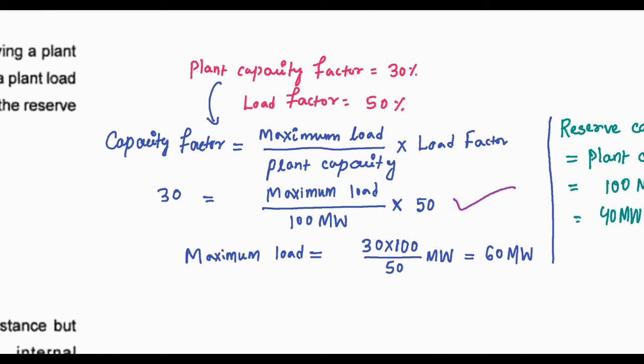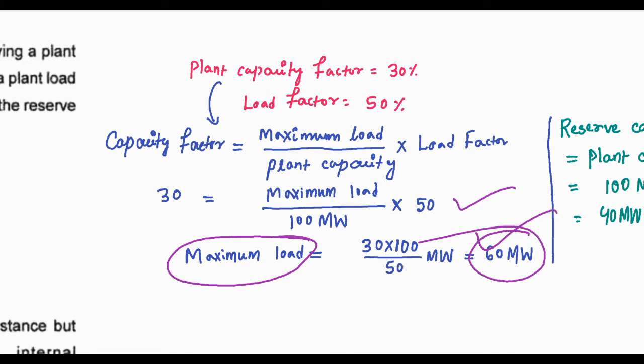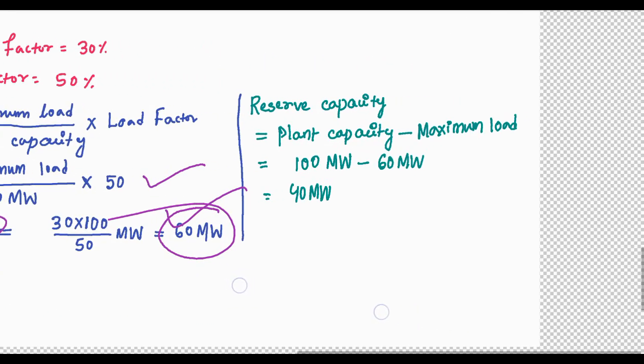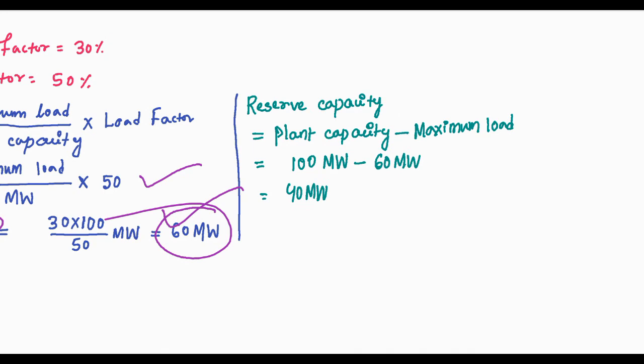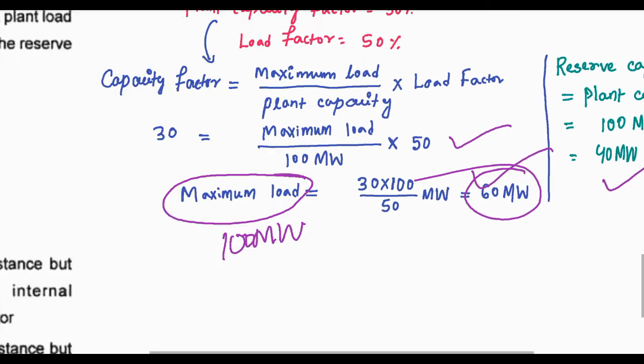The maximum load comes to 30 into 100 by 50 megawatt, which is equal to 60 megawatt, and the plant capacity is given to be 100 megawatt. Reserve capacity will be plant capacity minus maximum load, that is 100 megawatt minus 60 megawatt, which is equal to 40 megawatt. So here the answer is 40 megawatt.